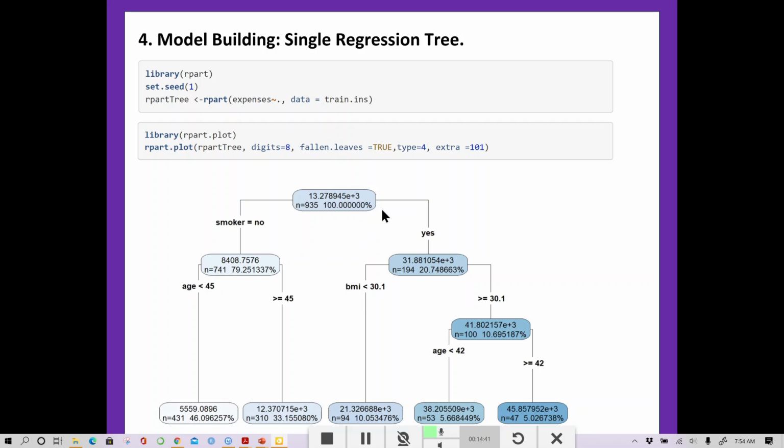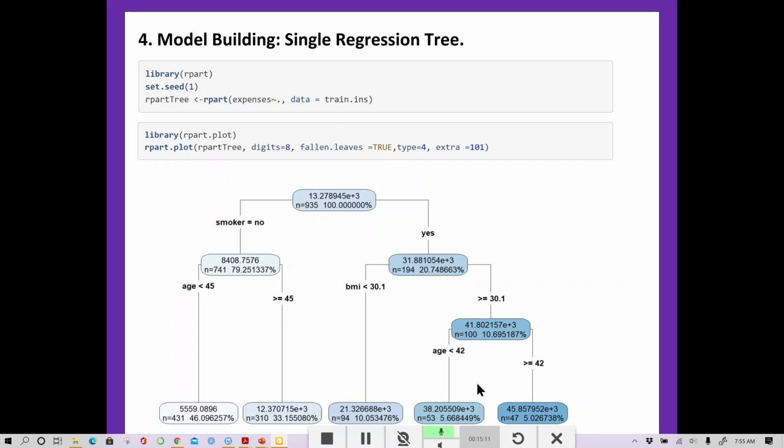You might want to recall that when you look at your single regression tree, this is the root node. 1, 2, and 3 are the interior nodes, and all of the nodes right at the bottom are leaves. And that was specified in this argument of the rpart.plot, where you have fallen.leaves set to true.